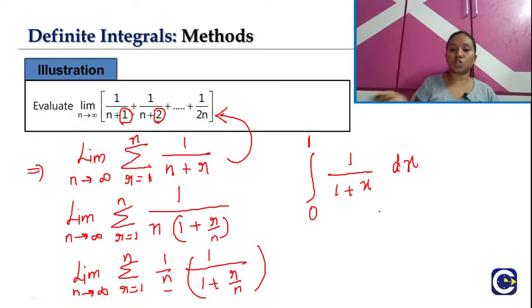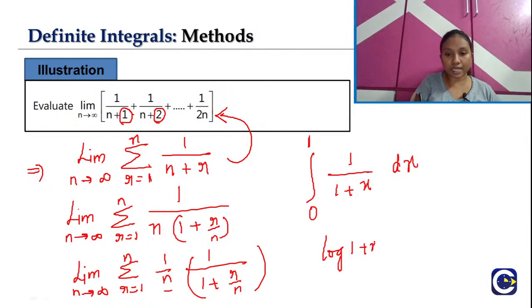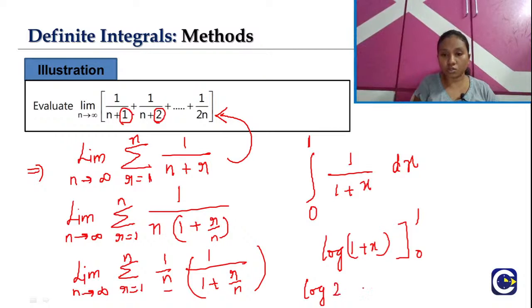So what is the integration of 1 by 1 plus x? That is nothing but log of 1 plus x. And what are the limits? 0 to 1. So let's substitute. That will be log 2 minus log 1. Right. What is the value of log 1? Log 1 will be 0, which means directly it will be log 2.